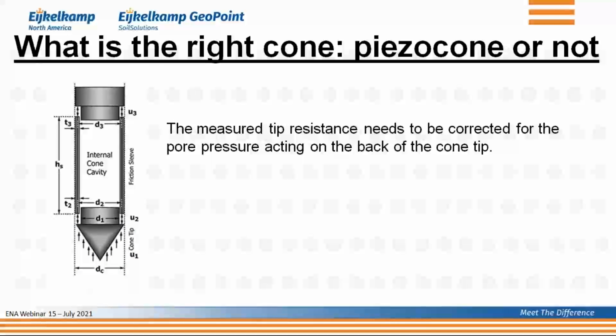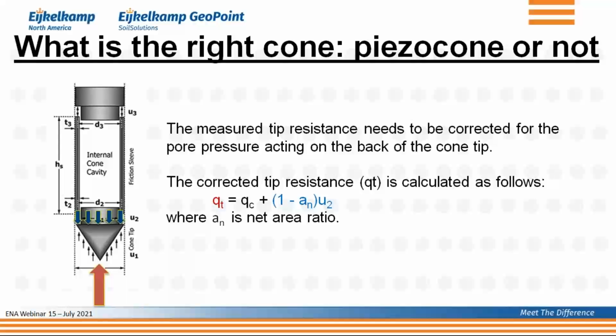And finally, probably most importantly, if you push a cone in the ground, what you're going to get is a tip resistance by the soil, as indicated by the red arrow. But at the same time, the pore water pressure is acting on the back of the tip, pushing in a way in the opposite direction.